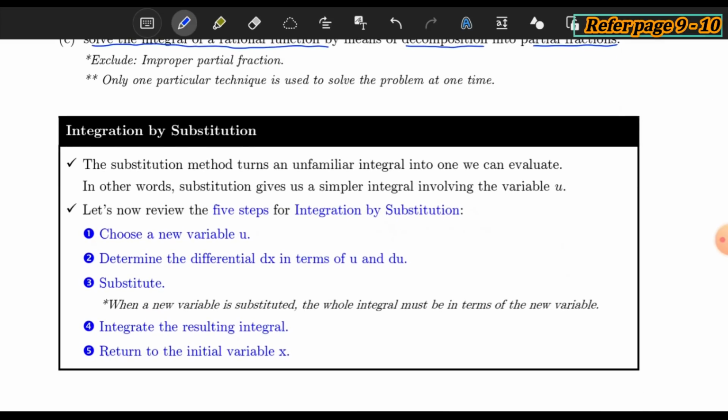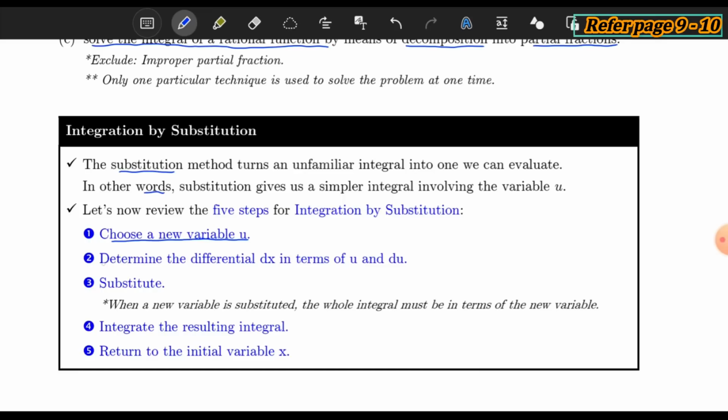The first part is integration by substitution. The substitution method turns an unfamiliar integral into one we can evaluate. In other words, substitution gives us a simpler integral involving the variable u. And here are a few steps to solve integration by substitution. First, choose a new variable u, a suitable variable.